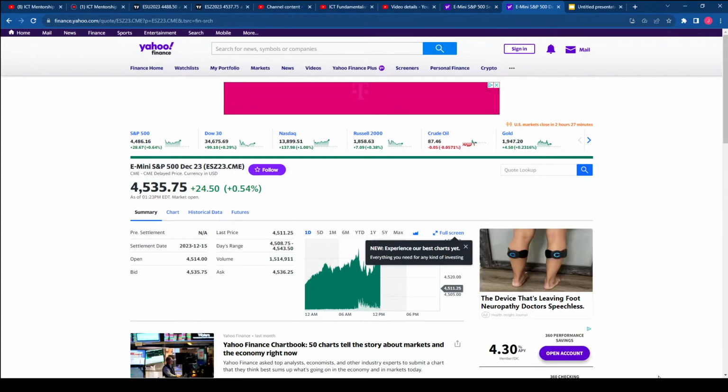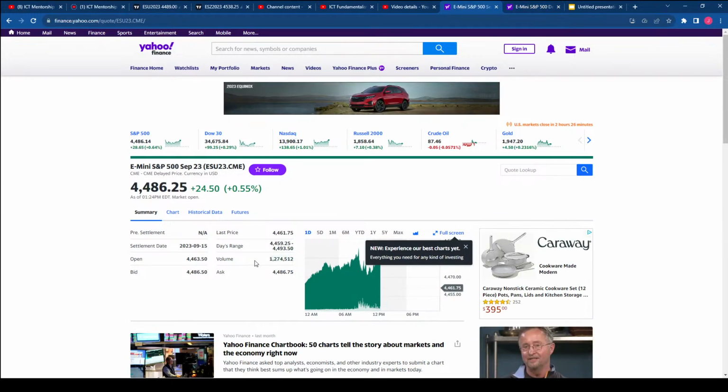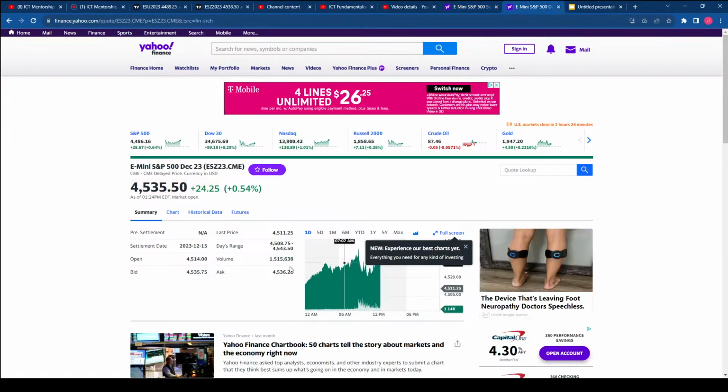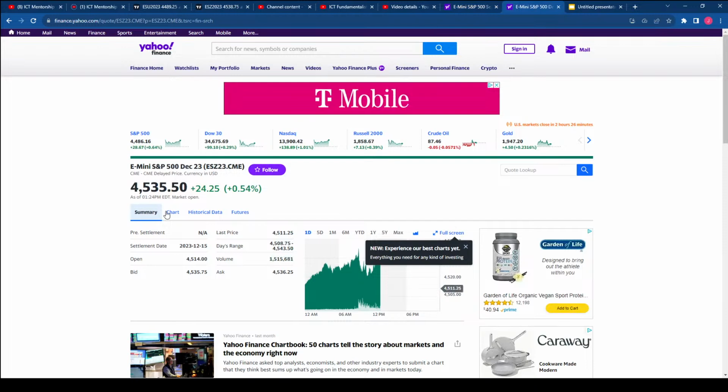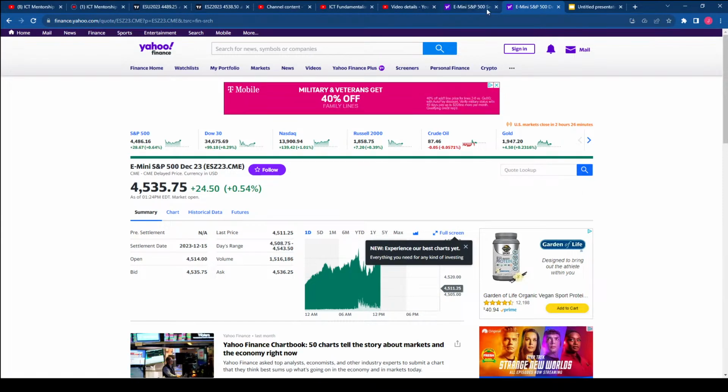You will see towards the end of the month, price might start to get wonky. For December, we have volume 1515, September 1274. That just means that more people are now trading this December contract, and you want to trade the contract with more volume because more volume means more liquidity.